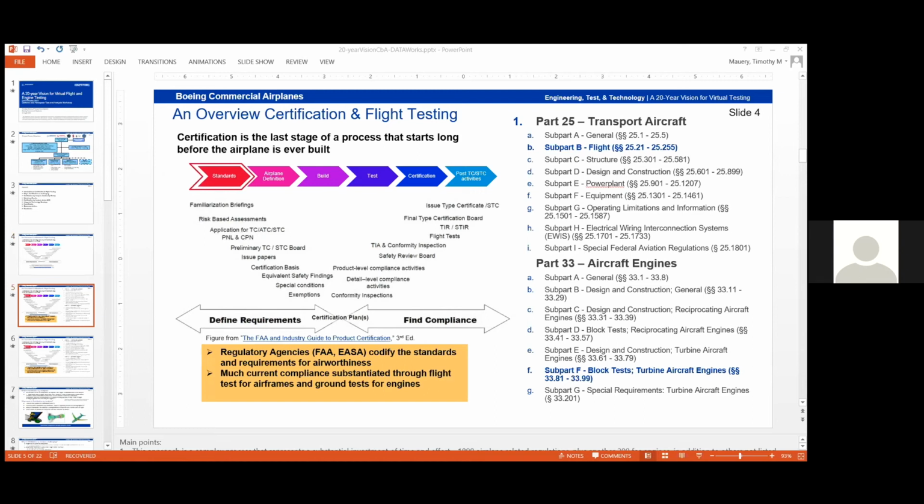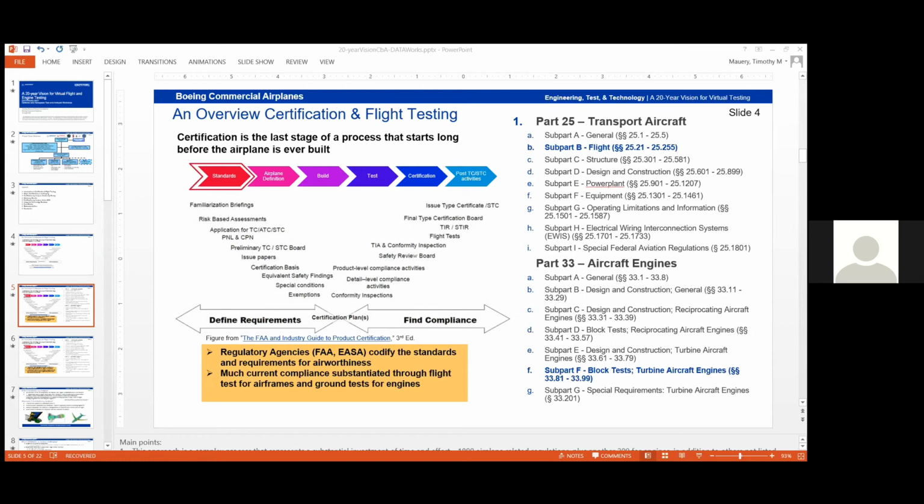So there are approximately 1,800 airplane-related regulations and about 200 more engine-related regulations, as well as some others that aren't listed directly here. Lots more regulations than we could possibly put together in one 2-year study.